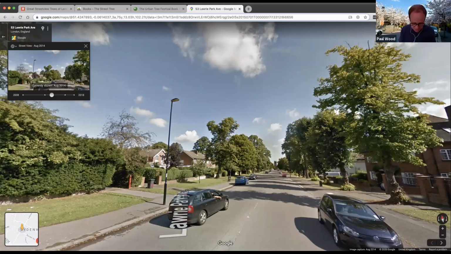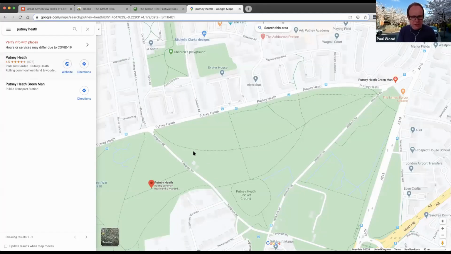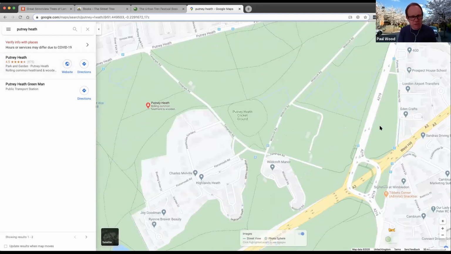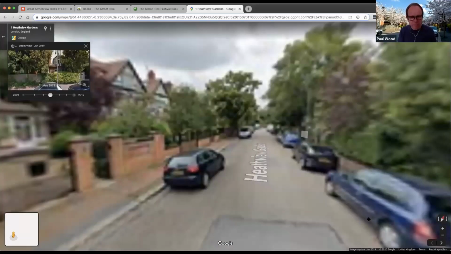And what we're going to see is a very, very old tree that was obviously another marker tree, or some tree which somehow survived the building of houses. And this is in what would have been Putney Heath. Now it's in a housing development. And I'm going to take you directly to that tree now.